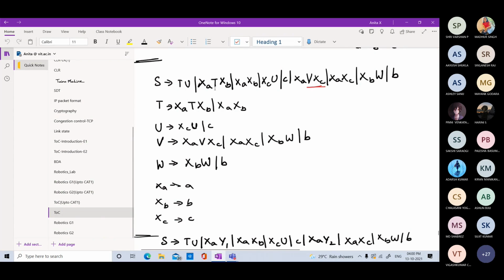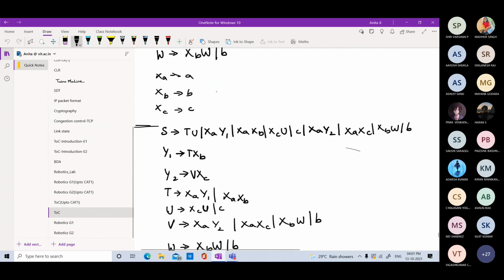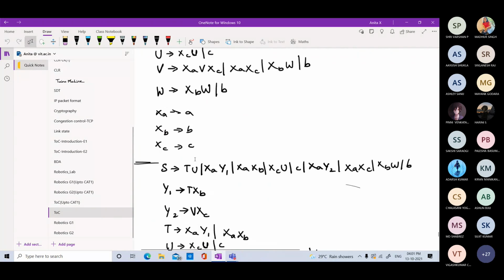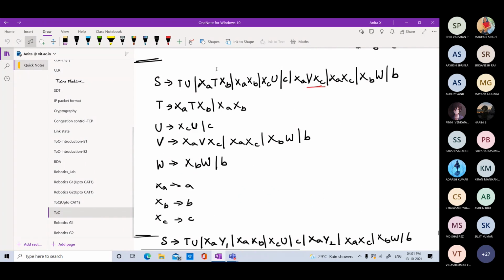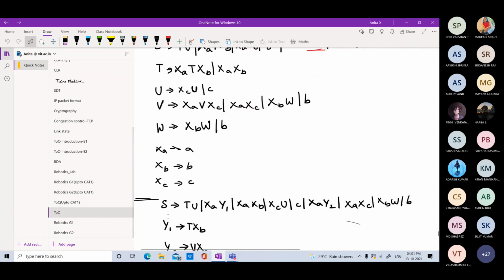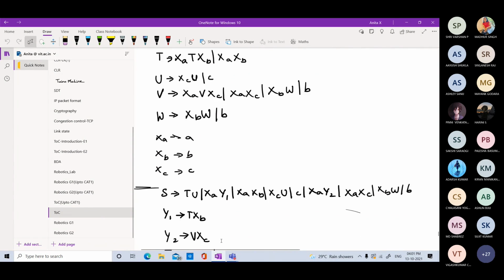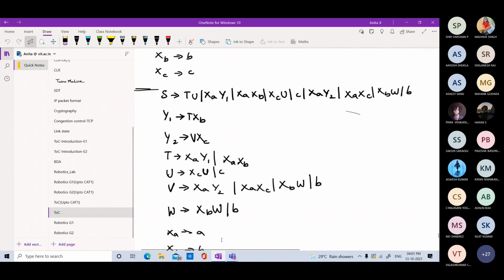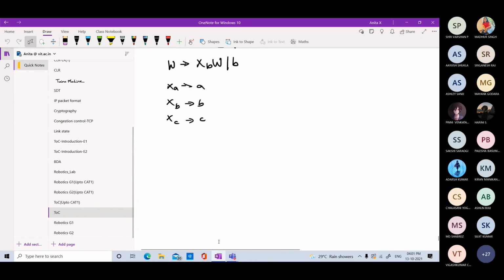So what I'm going to do is take this part and rename it, that is, introduce a non-terminal for this particular production. Then Y1 derives TXB. Y1 derives TXB. So instead of this, I'll be introducing Y1. Here Y1 derives TXB. So like that, we will proceed with converting the grammar to Chomsky normal form.